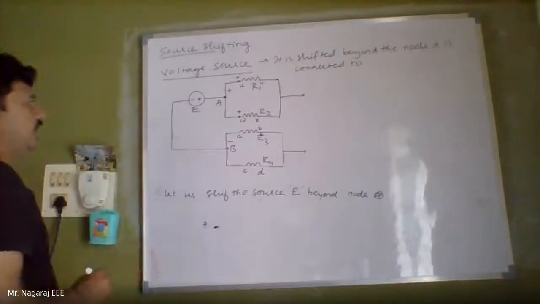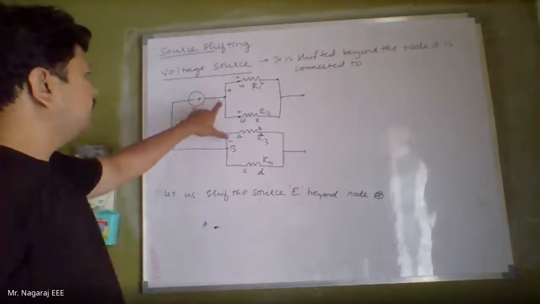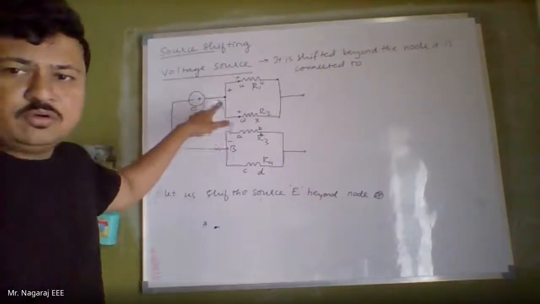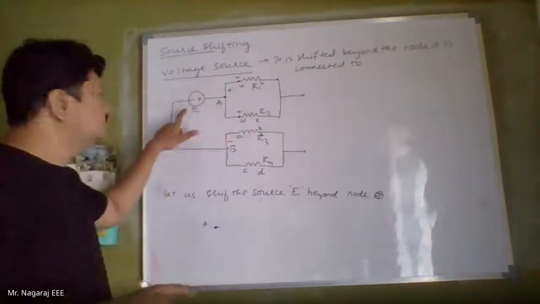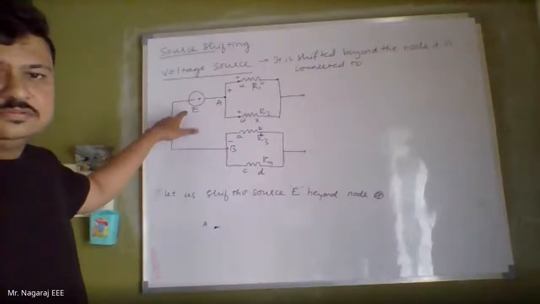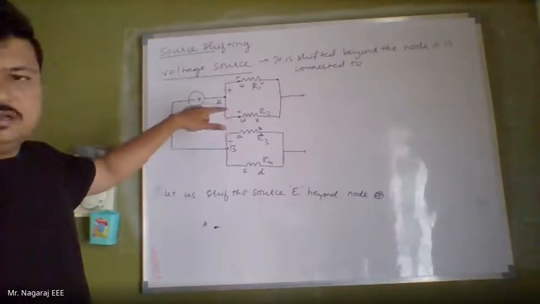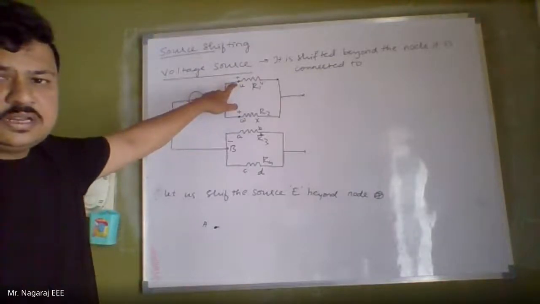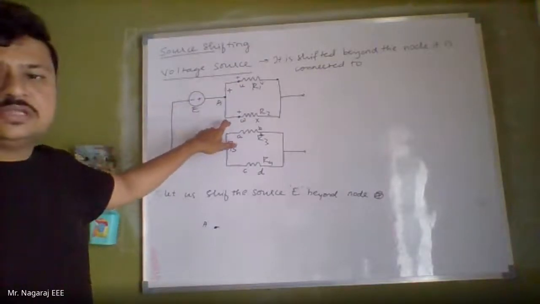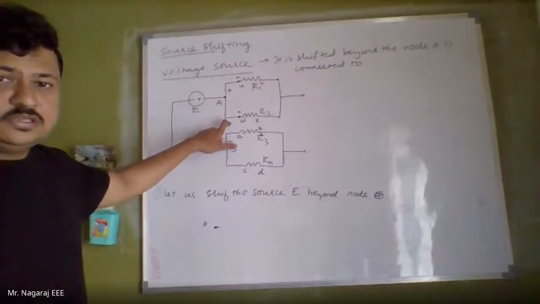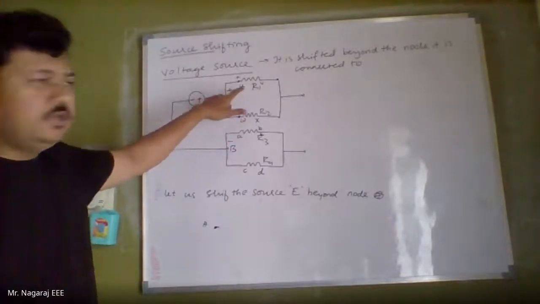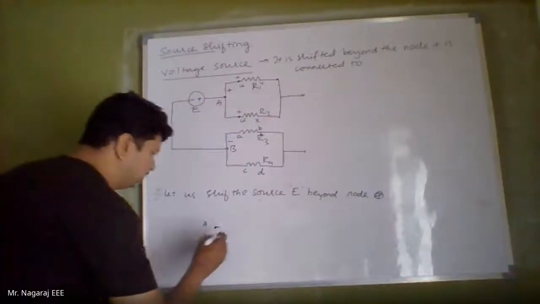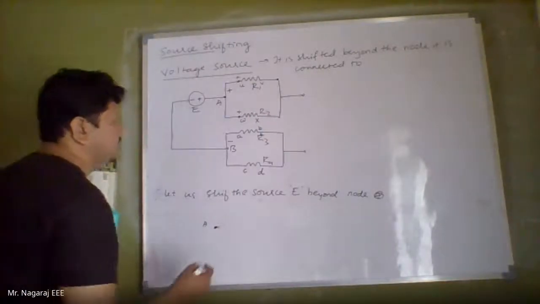Now when I have to shift this beyond node A, in any number of branches connected to node A, in all the branches this source will appear. Now there are two branches connected. This source of E volts will be in the branch of R1 resistance and also in the branch of R2 resistance. Why? Because the polarity of W and U should be maintained the same. I can't change that.